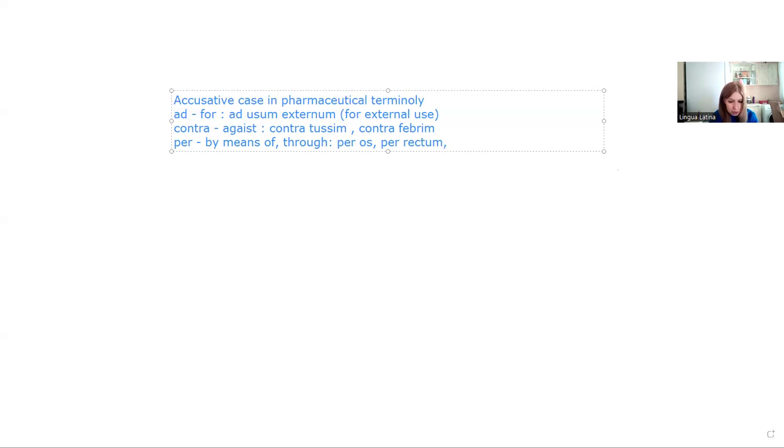We have to use the phrase per vaginam, ending am, because vagina is the first declension. That's why in accusative case, it has ending am. It's easy to memorize because all of you know that tablets in accusative case is tabuletam, tabuletas. The same situation, per vaginam.